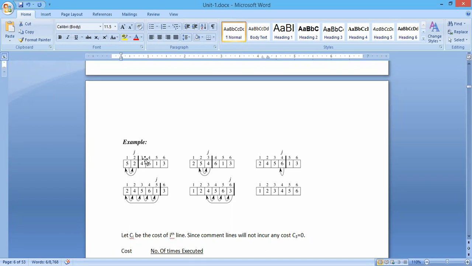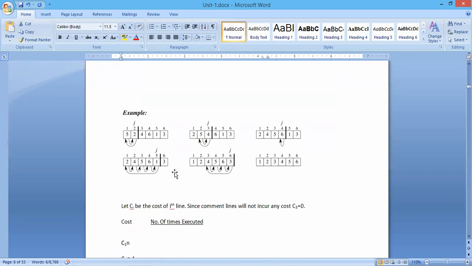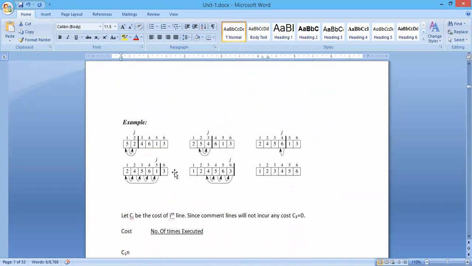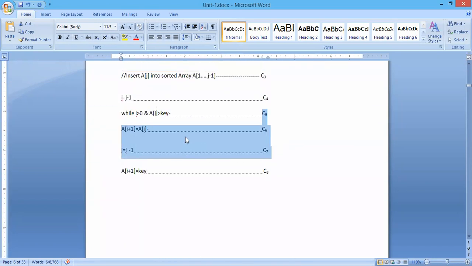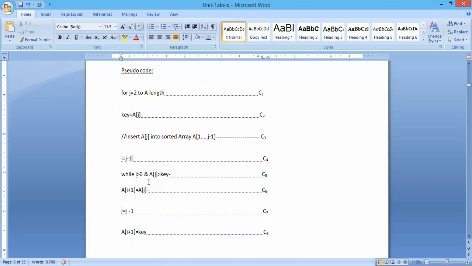Initially we have two values, and we are comparing them. If A of j is greater than key, the value at key is fixed, so that value is compared with A of j.